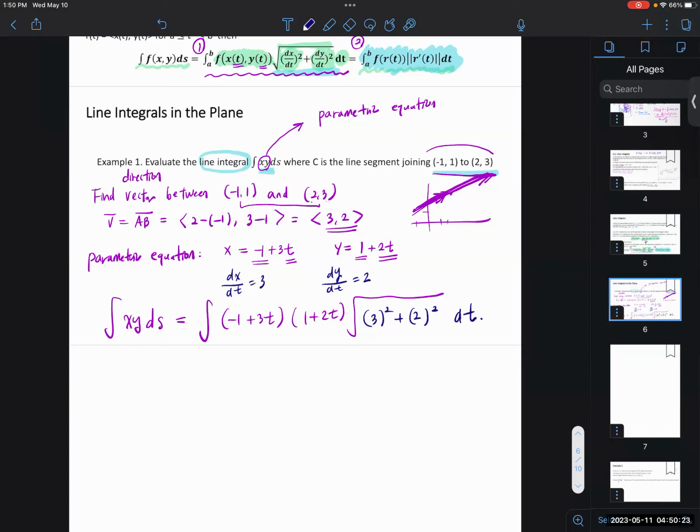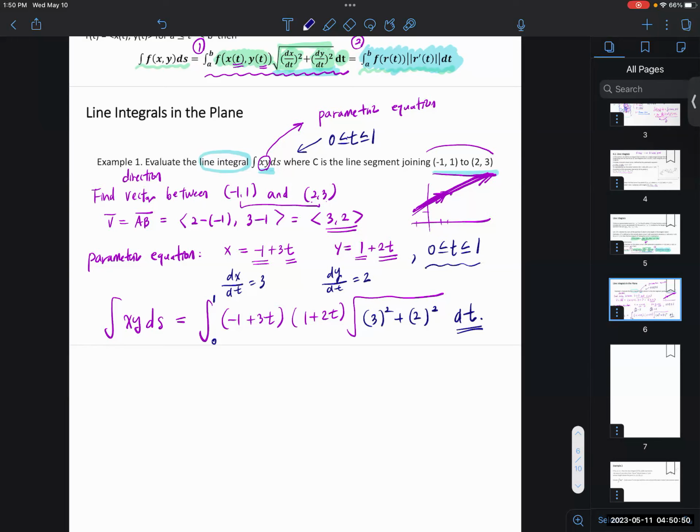One thing you could think about: do I have the t variable? Let me think about it. We do not have a t variable, so the interval for t should be given. In the question, I might be missing it. So t is going to be between 0 and 1. We have changes between 0 and 1, so for this dt, we're going to plug in 0 and 1 simply.